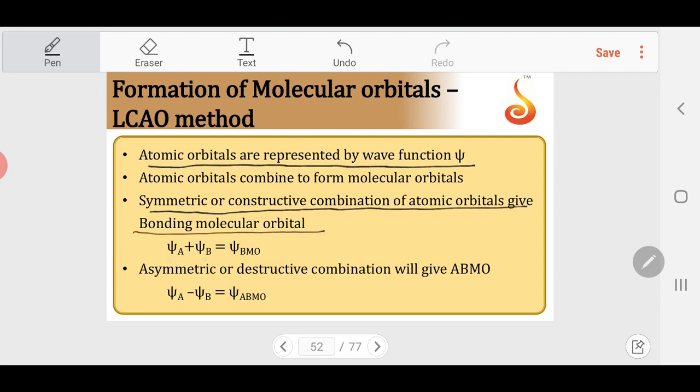If A and B are 2 atoms forming a molecule, the wave function of A is psi A and of B is psi B. If I add psi A and psi B, I get the bonding molecular orbital, by constructive overlapping. Asymmetric or destructive combination gives ABMO, that is psi A minus psi B is the wave function of the anti-bonding molecular orbital. So in the linear combination of atomic orbitals, one is additive overlap and the other is subtractive overlap.